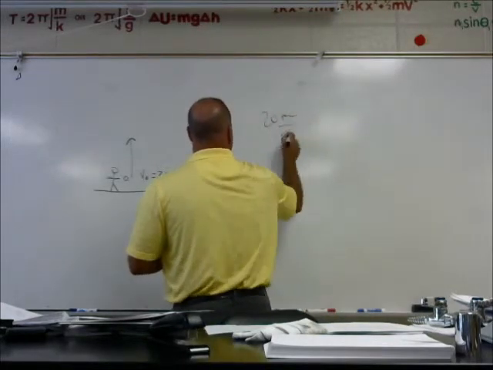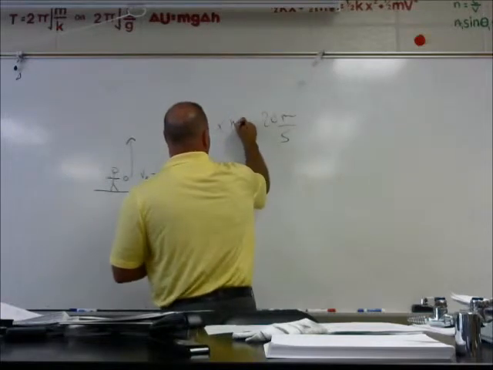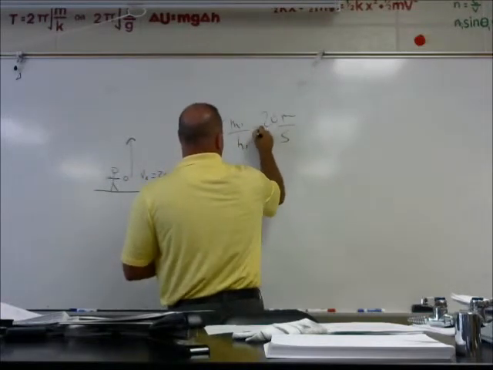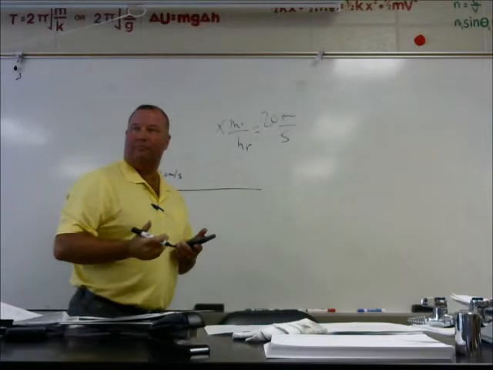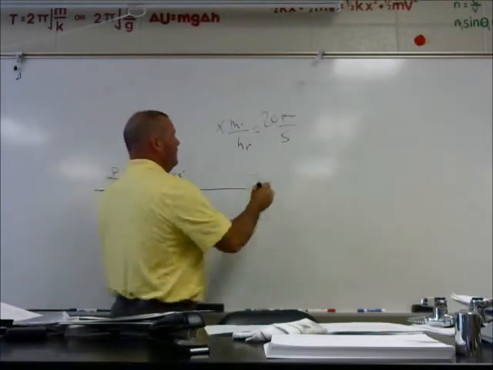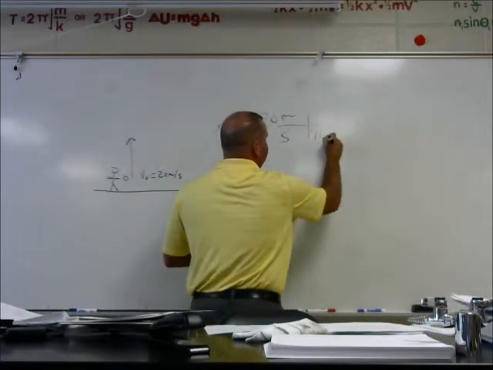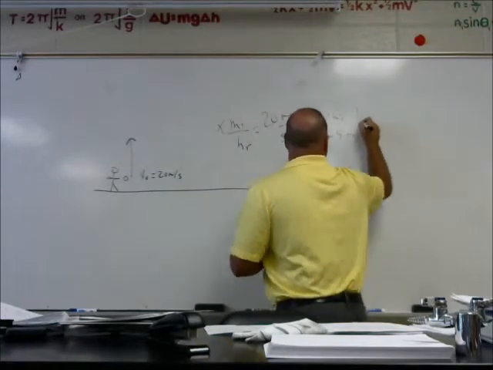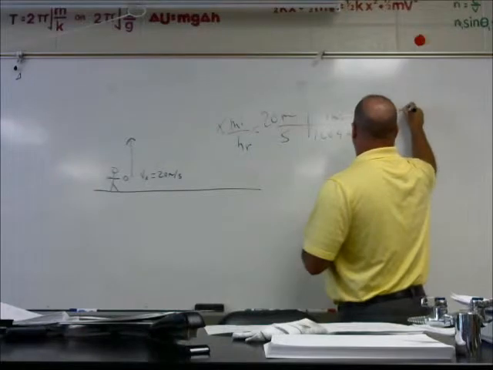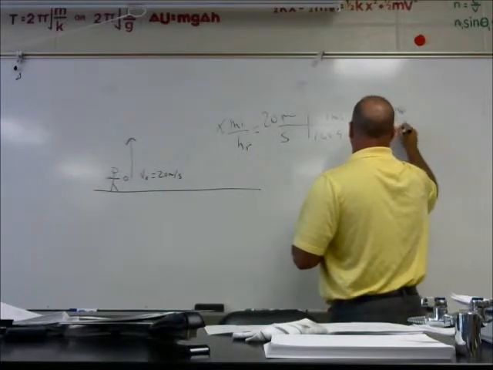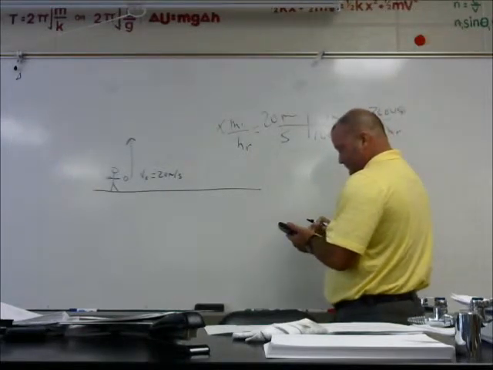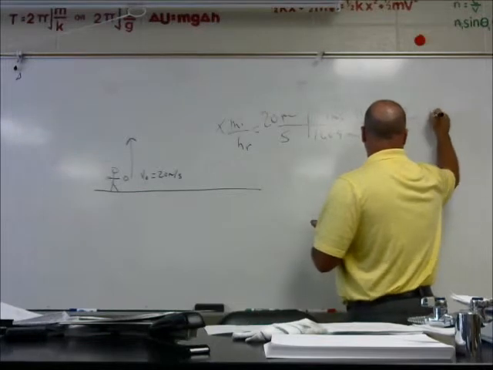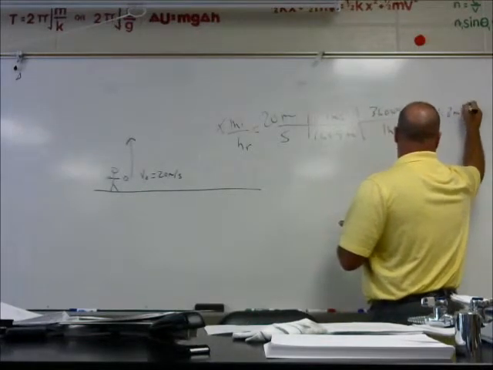20 meters per second. Let's say, gee, how many miles per hour is that? Because that's maybe something we understand. So if we know there's 1,609 meters in 1 mile, and there's 3,600 seconds in 1 hour, it's like 44.8 miles per hour.